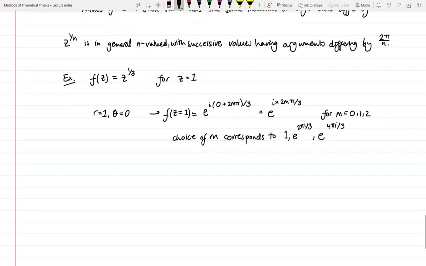We can draw these in the complex plane. So when m equals 0, we have that the cube root of 1 is 1. So this is m equals 0. When m equals 1, we get an argument of 2 pi by 3, which lies over here.